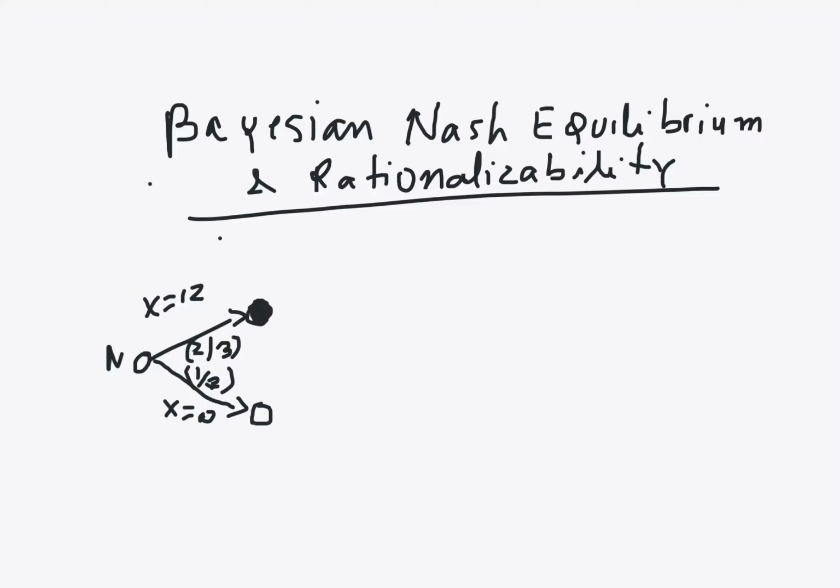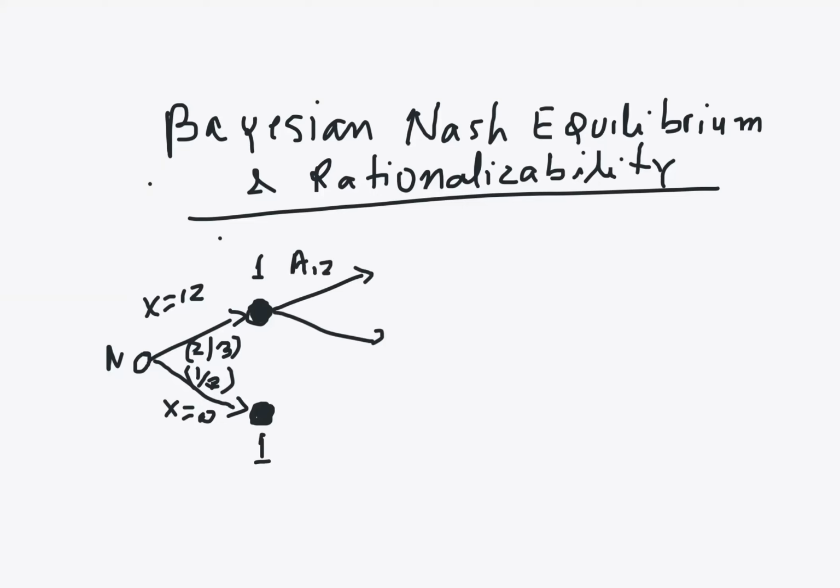So player one is going to observe this. Player one knows whether he is type 12 or type 0. So you have two decision nodes for player one. And then player one can choose two actions at each node. So player one can choose A12, being type 12.